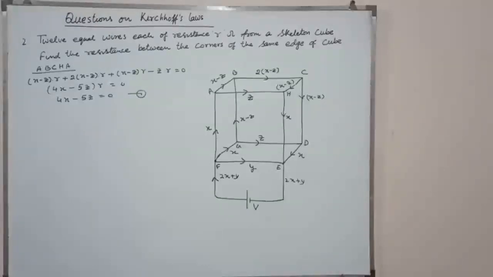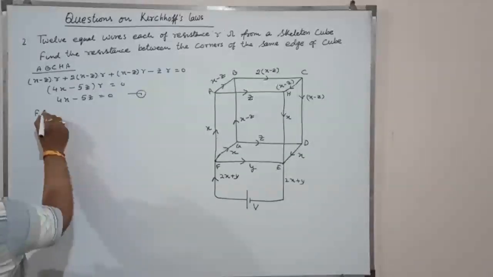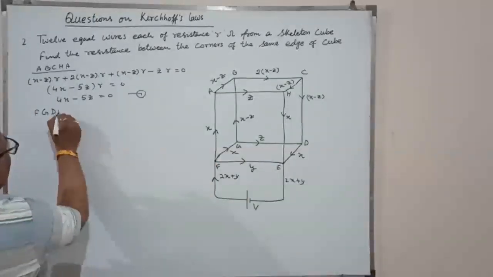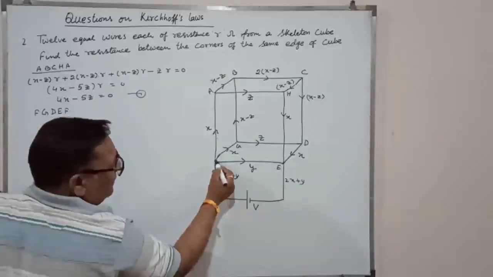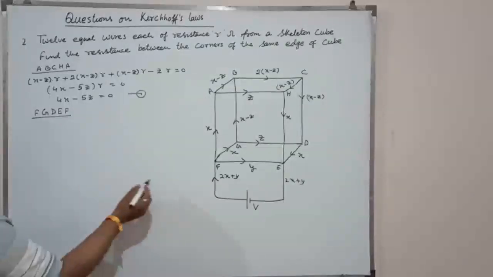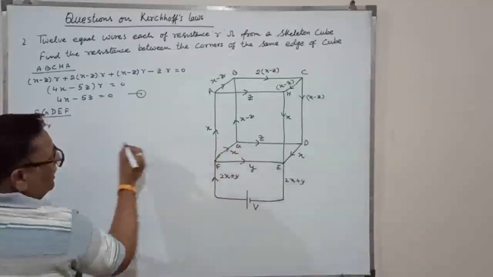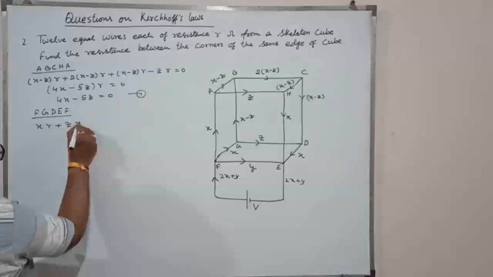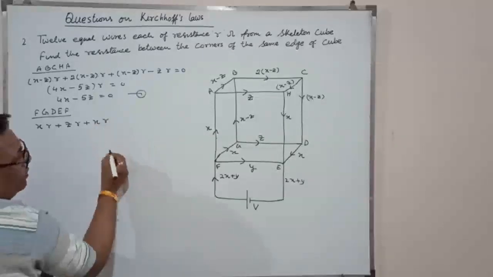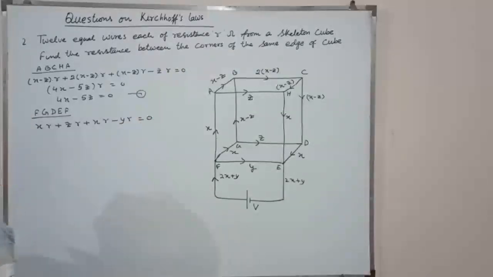Clear? Then take the next mesh F, G, D, E, F. From this mesh, this is x into R, here z into R, and then plus x into R and minus y into R is equal to 0.